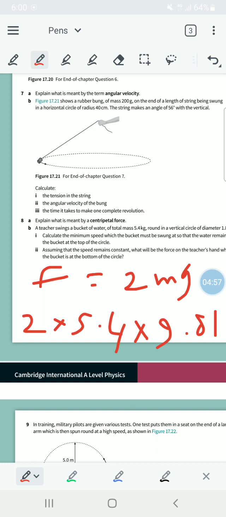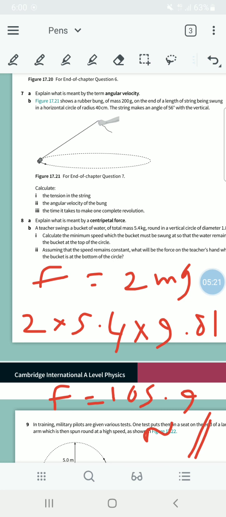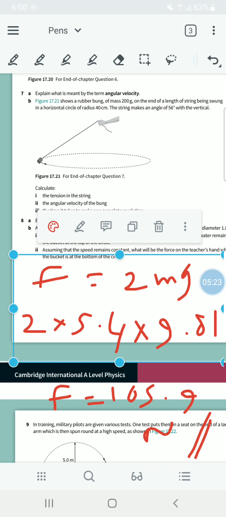When you get the final answer, F is going to be 105.9 newtons. That would be the answer. I hope you understood. If you have any questions, please raise them. Let's go to question number 9.